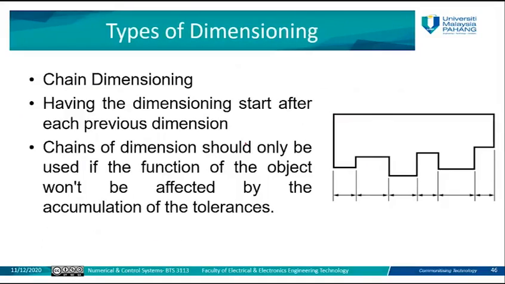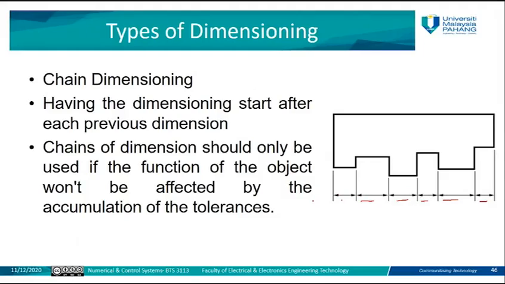There are different types of dimensioning, I mean different ways to represent the dimension on the figures or drawings. This type is called chain dimensioning. In chain dimensioning, you can see here, this is a dimension, this is another dimension, another dimension. It's like a chain, so it's continuous. There is no part without dimensions. It starts one by one until the end.